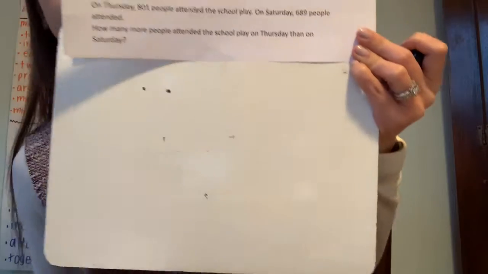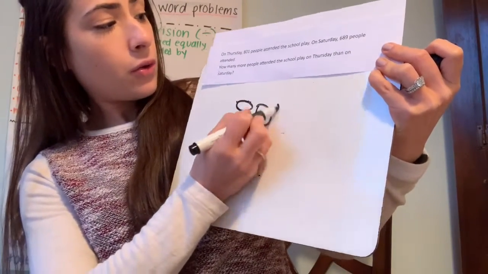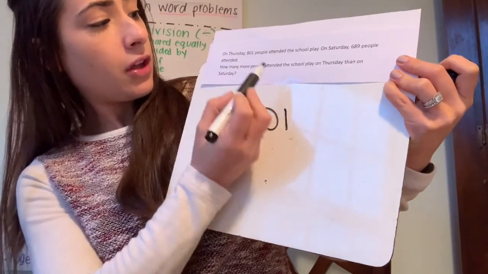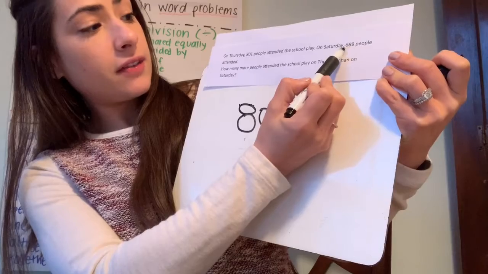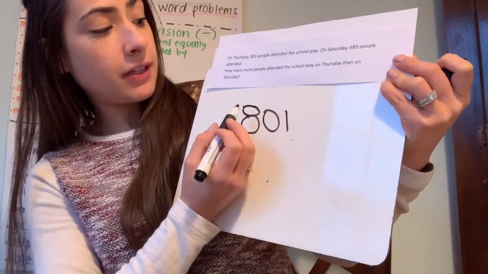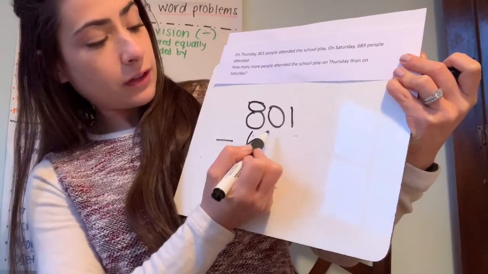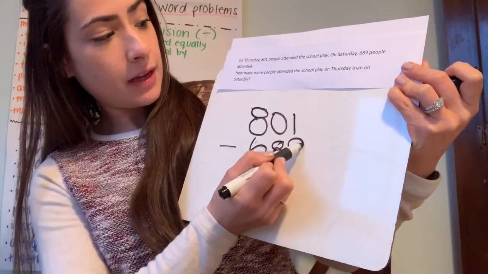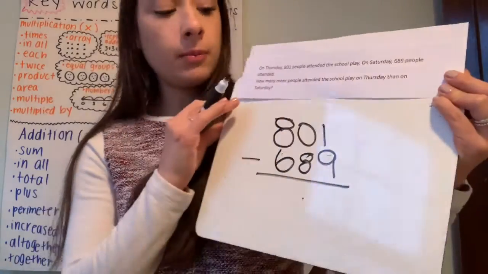So I'm going to start with, I know that 801 people attended the school play on Thursday. On Saturday, 689 people attended. So I'm going to subtract 689. And that's how I'll find how many more.